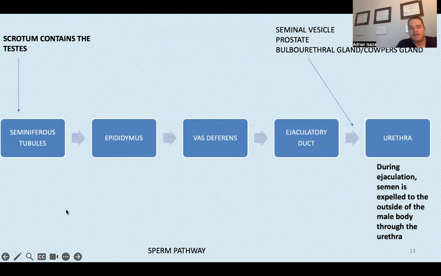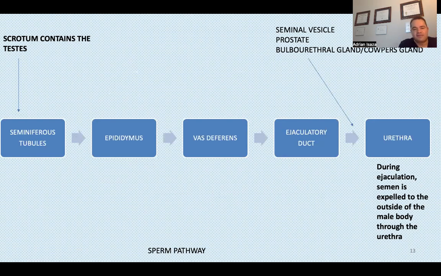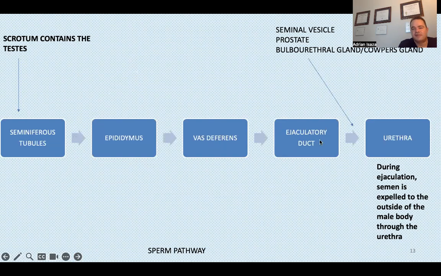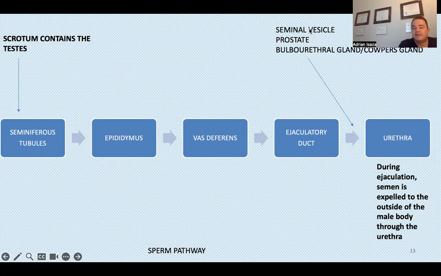Here's the sperm pathway, right? Seminiferous tubules actually produce sperm, right? And the scrotum contains the testes that travels into the epididymis, responsible for sperm maturation, vas deferens, which transports sperm, ejaculatory duct, which then combines with seminal fluid, right, which is mainly by the seminal vesicle, secondly, by the prostate, and to a lower extent, the Cowper's gland, also known as bulbourethral gland.